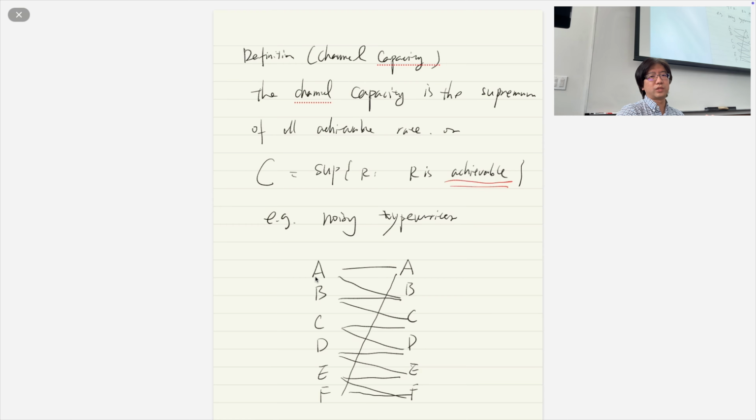No, because if we transmit A, we receive A or B. If we transmit C, we receive C or D. If you see an A or B, you know it is A. If you see a C or D, you know it is C. Similarly, we can also transmit an E here. So if we transmit A, C, E, will there be any confusion?